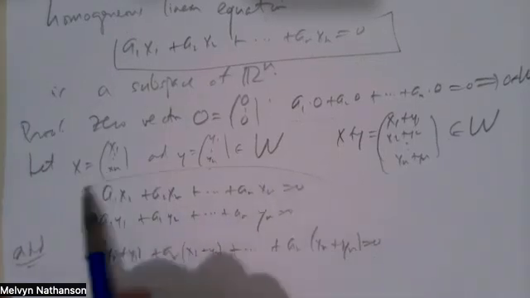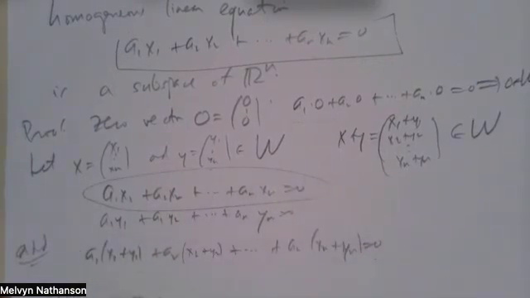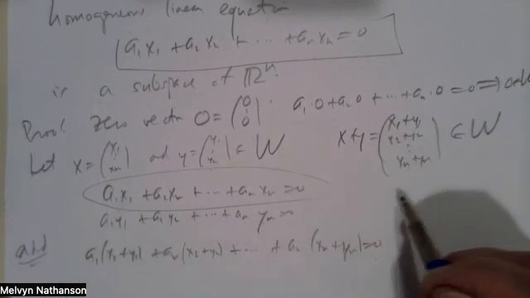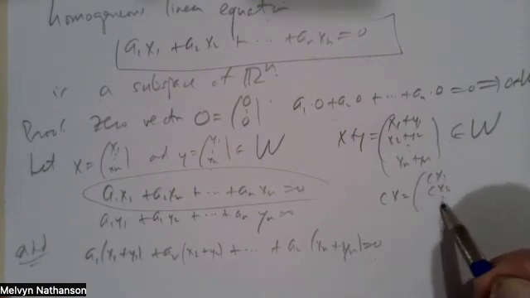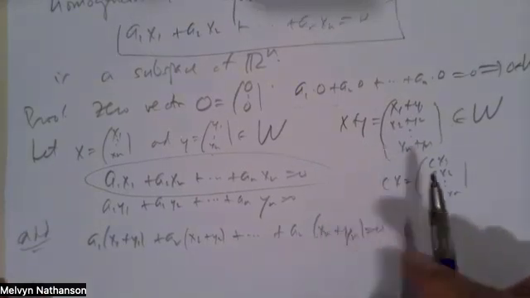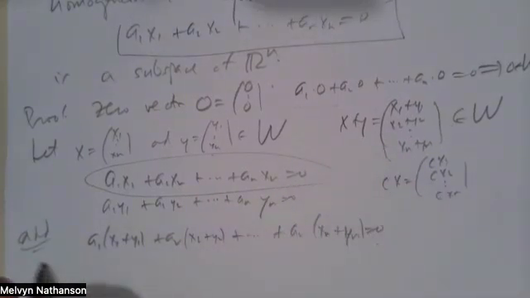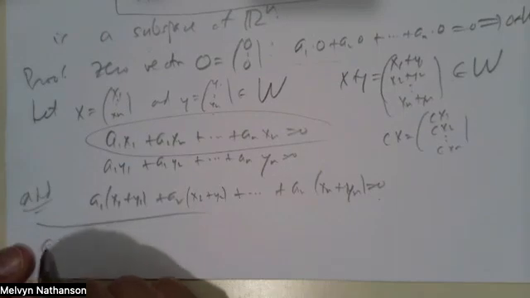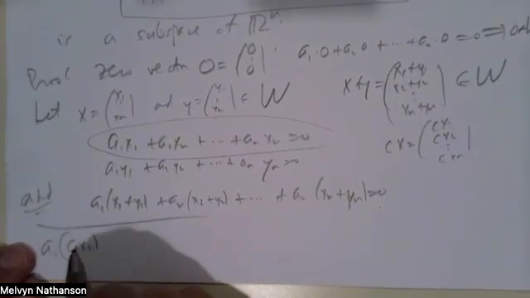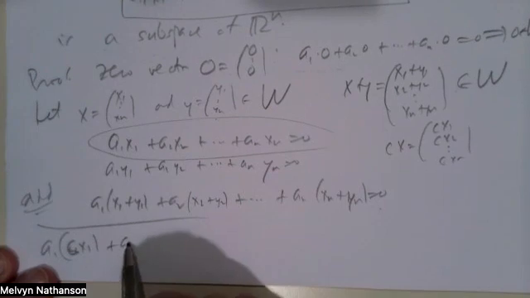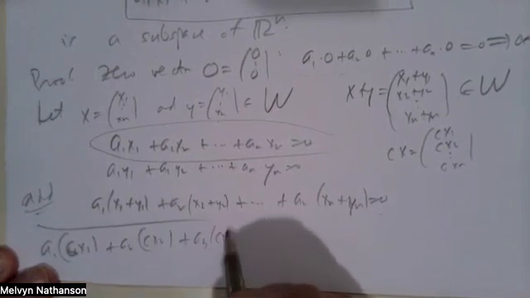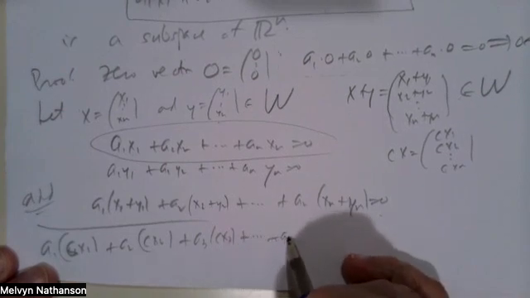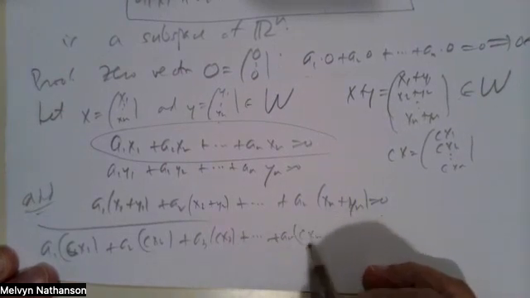And again, if I take this equation and I multiply each of the x's by c, what is c times x? cx is the vector cx1, cx2 down to cxn. What do I get if I plug this into the equation? I get a1 cx1 plus a2 cx2 up to an cxn.